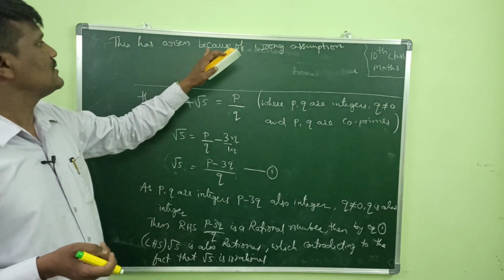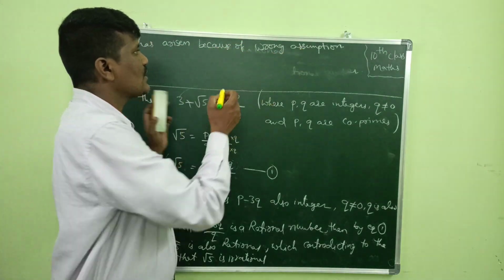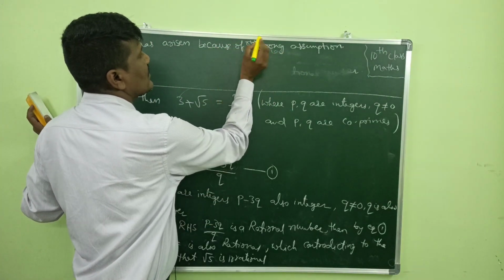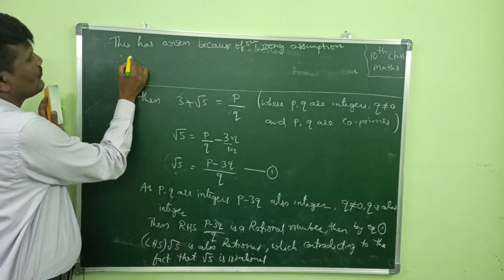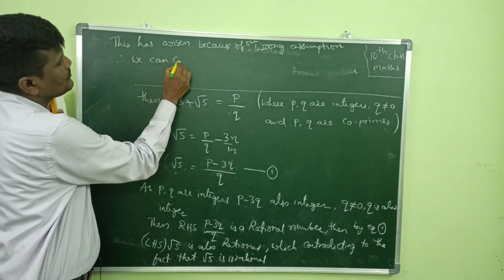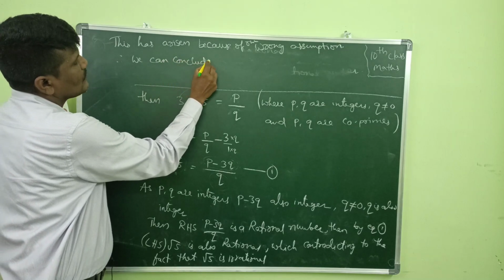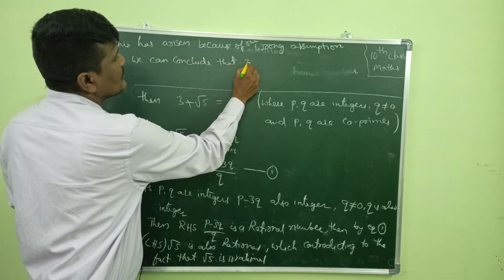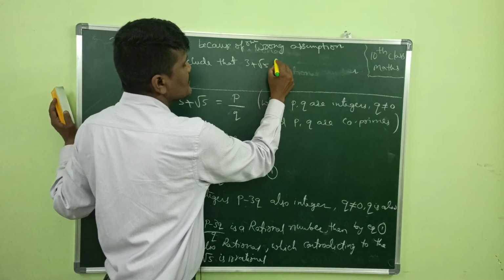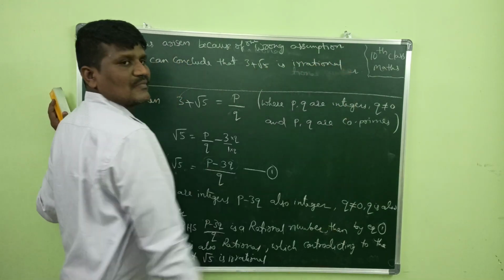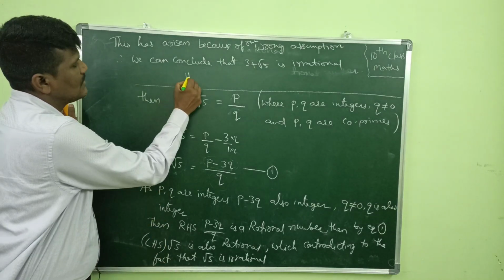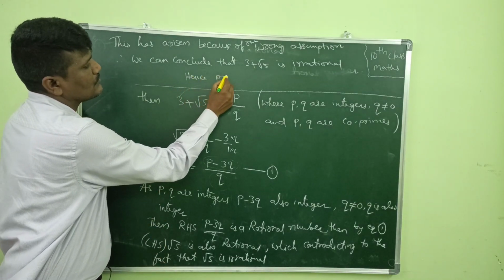This has arisen because of our wrong assumption. So therefore we can conclude that 3 plus root 5 is irrational. 3 plus root 5 is irrational, hence proved.